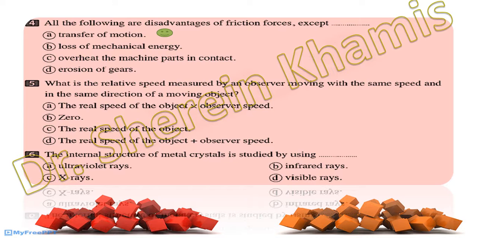Okay, let's go on to question 5. It says, what is the relative speed measured by an observer moving with the same speed and in the same direction as the moving object? We have one moving and the other moving, both with the same speed and the same direction.